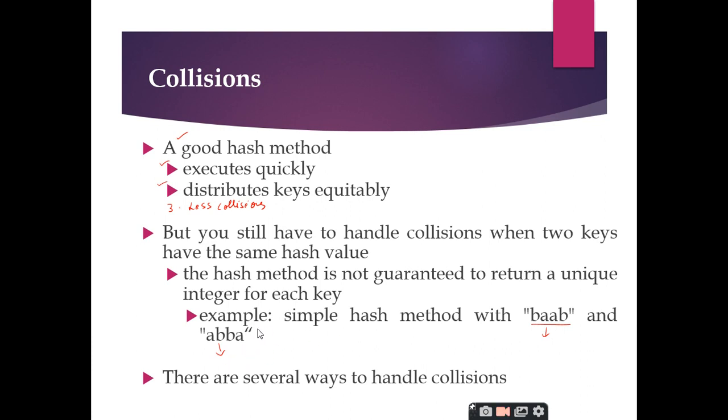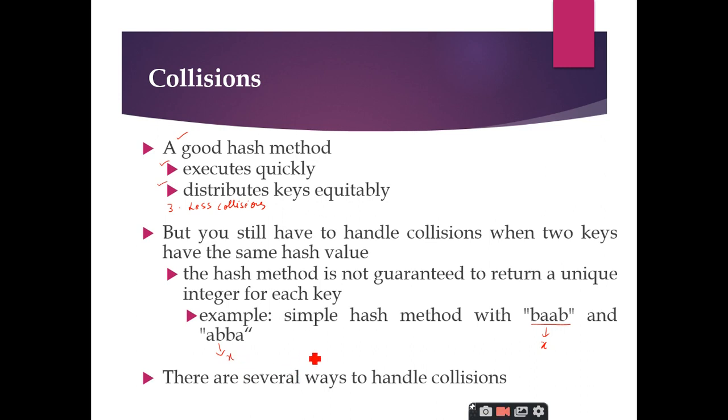So here is how the collision occurs. Assume that BAAB is resulting in some value x, and this ABBA is also resulting in x. So collision has occurred.